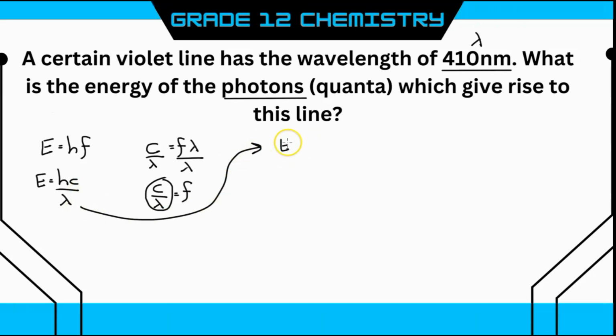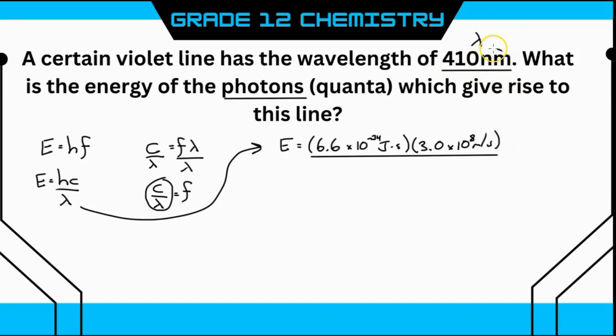The energy of this photon is equal to Planck's constant, which we have as 6.6 times 10 to the minus 34 joule seconds, times the speed of light, which is 3.0 times 10 to the 8 meters per second. And that's all divided by that wavelength.